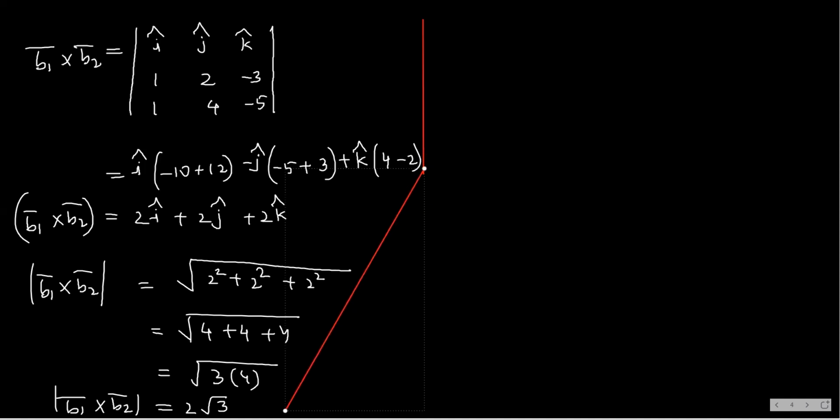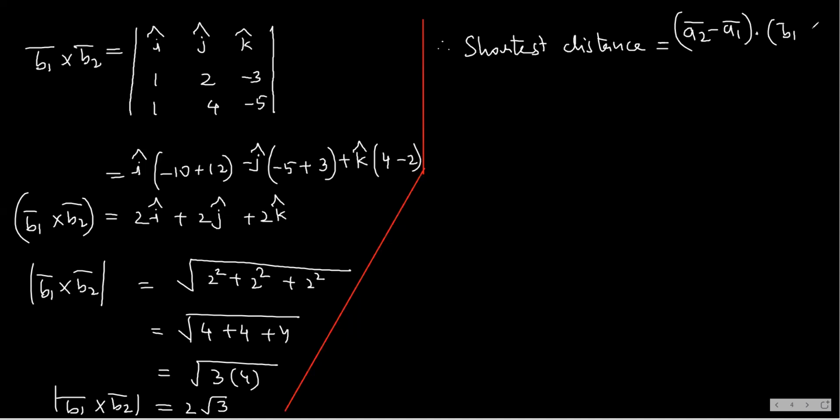I will write therefore, the shortest distance between the lines equals A2 bar minus A1 bar dot B1 bar cross B2 bar upon mod of B1 bar cross B2 bar, and finally this all in mod. This has to be in mod because you need to have only the positive distance.